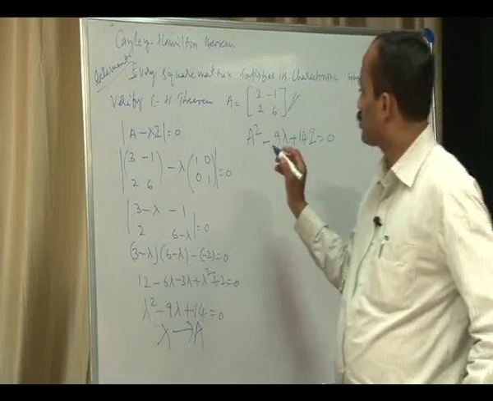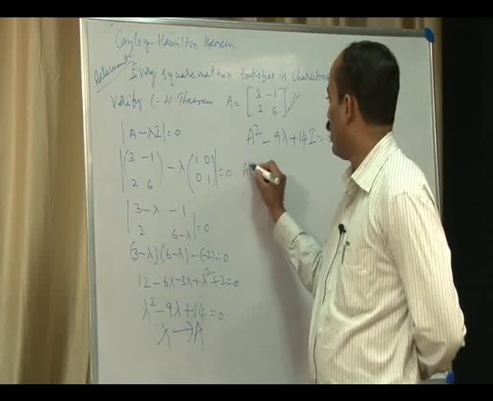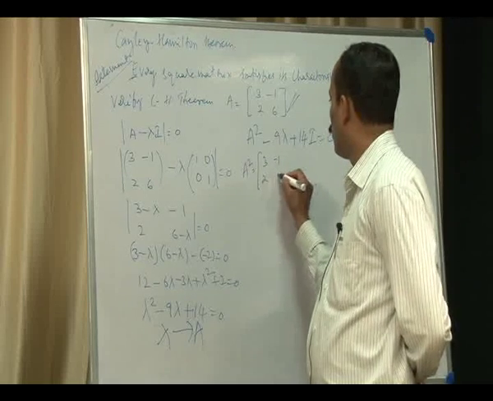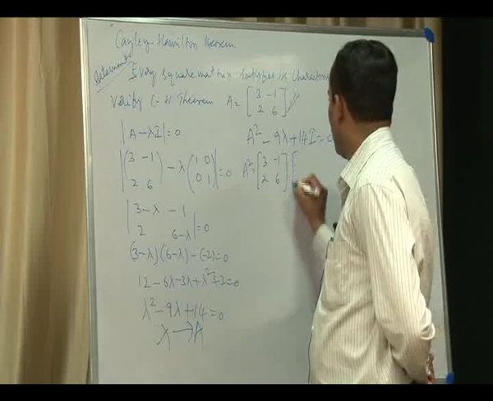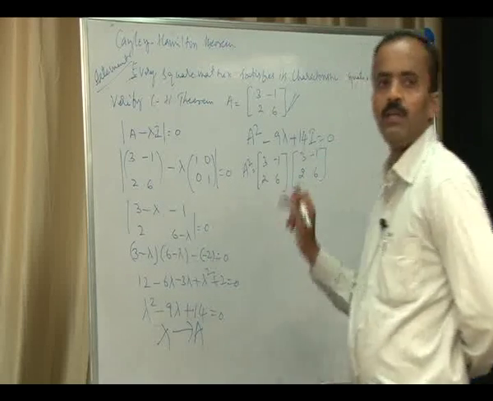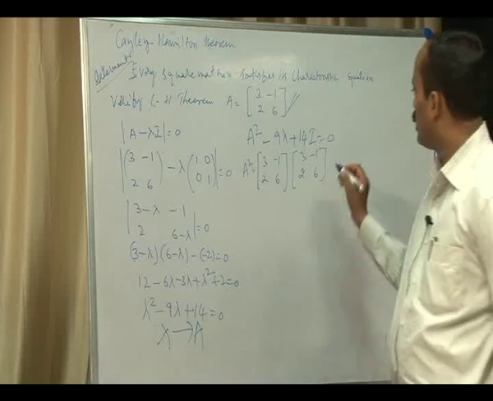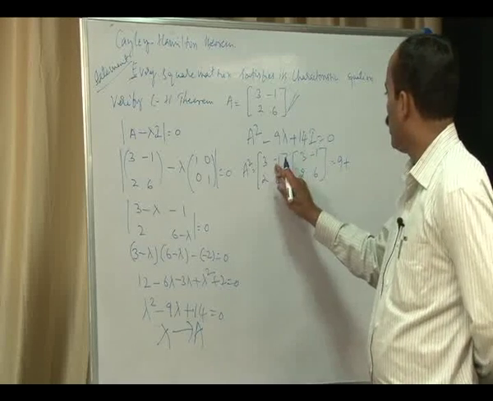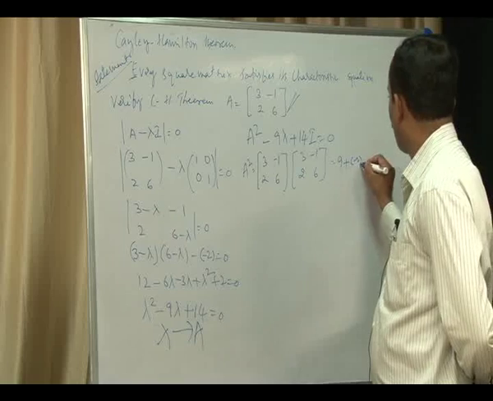Let us find A squared first. A squared is equal to 3 minus 1 2 6 into 3 minus 1 2 6. A into A is A squared. That is equal to 3 into 3 is 9, plus minus 1 into 2 is minus 2.